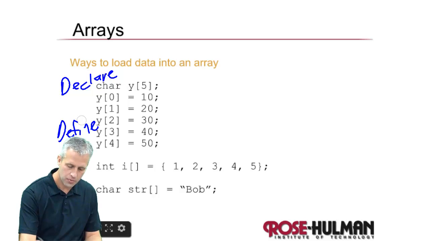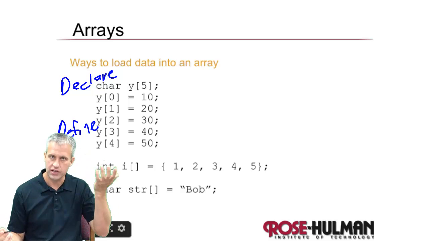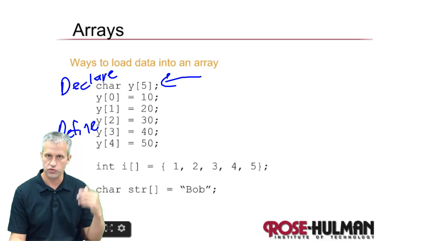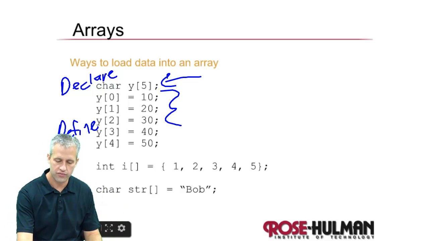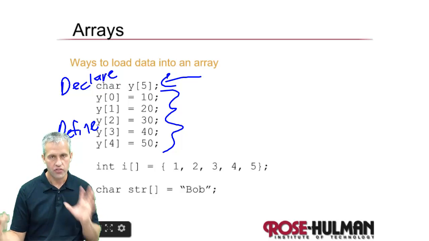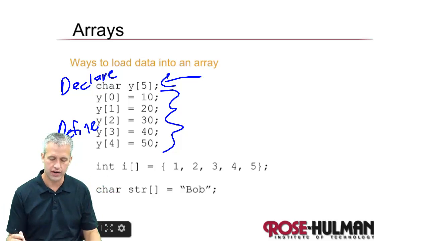Now, if you do them separately, people find that pretty easy in their mind, right? So you declare, that gives you space in memory, and then you define one at a time what goes in there. There are, of course, shorthands.